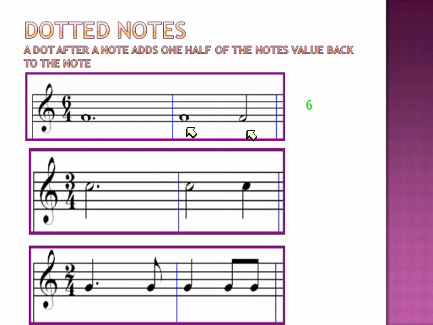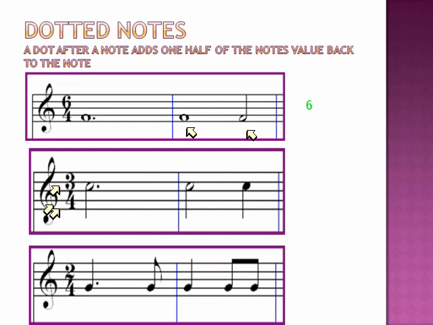Let's look at the second example here. Treble clef, 3/4 time. 3 beats in a measure. And again, if 4 is on the bottom, then a quarter note is getting 1 beat. Okay, so I look at the basic note, which is the half note, and I will know, either I'll have it memorized or I will look it up on a chart, that a half note equals 2 beats.